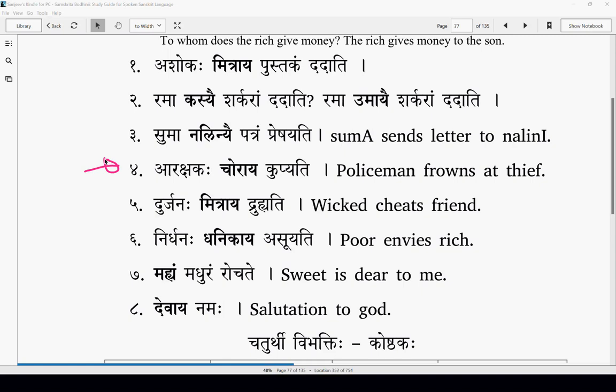Then angry, is cheating, asuya or envying, towards whom these actions are happening. So you use the Chaturthi Bhakti for those Namapada. Understood? Till here it is clear.